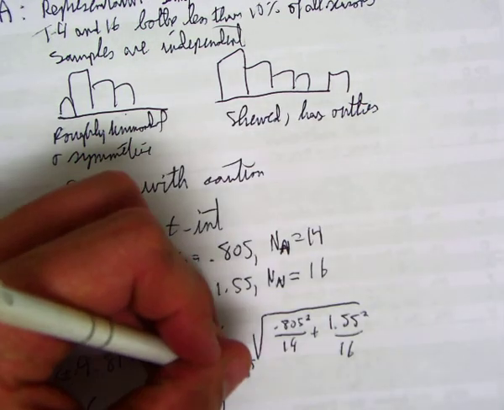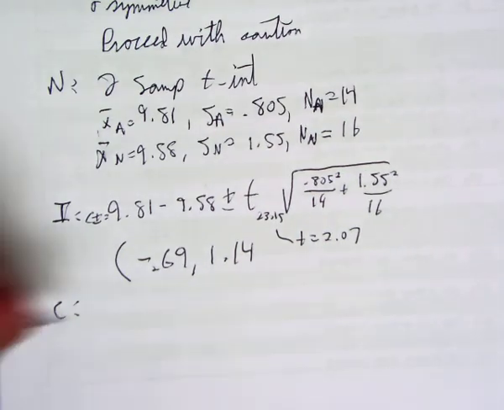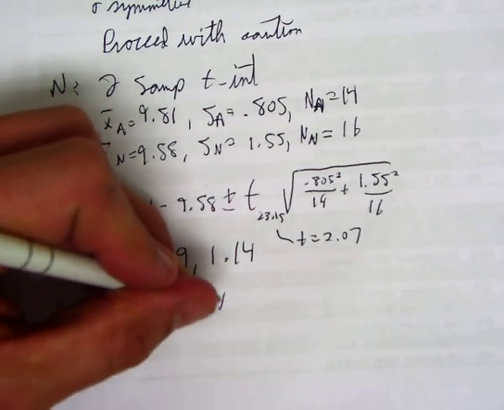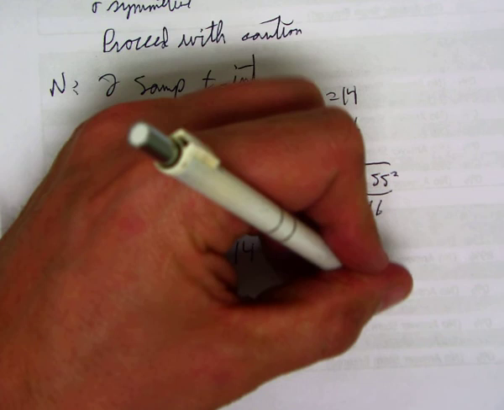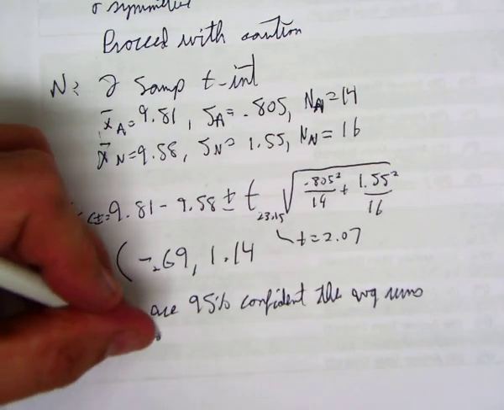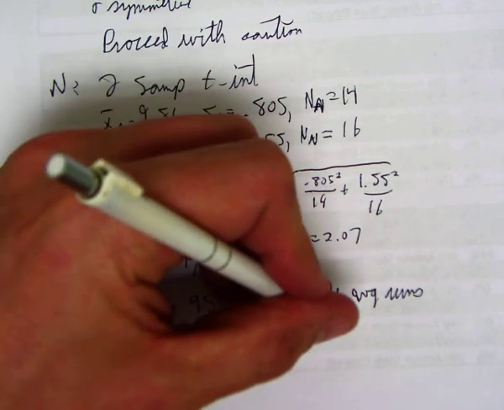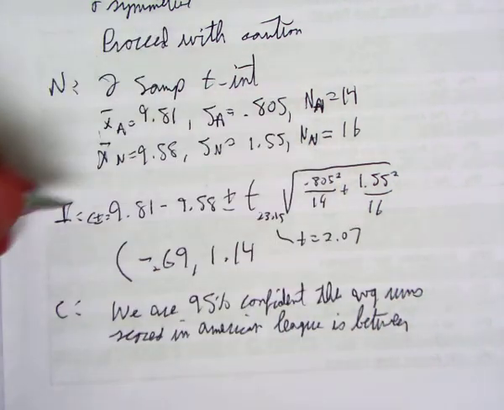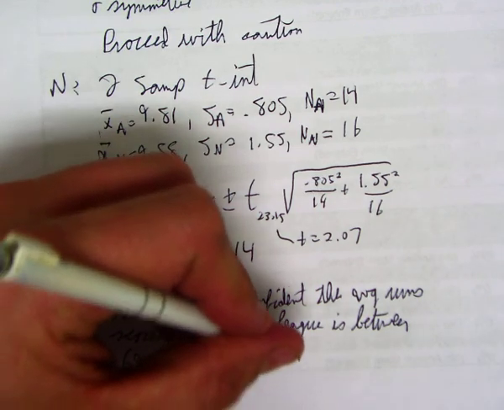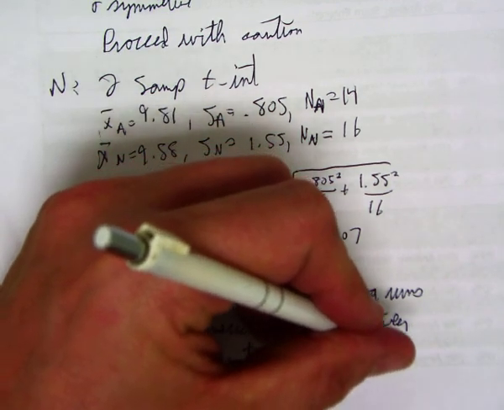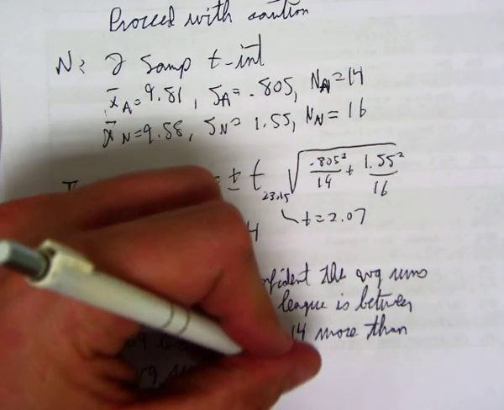So I'm just going to make t equals 2.07, and then the conclusion is we are 95% confident the average runs scored in the American League is between 0.69 less than to 1.14 more than the average runs scored in the National League.